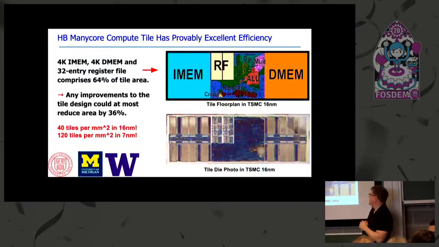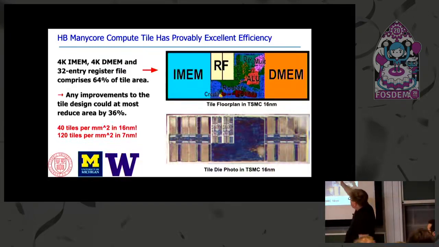So this is a picture of a floor plan in TSMC 16 nanometer. And then this is actually a die photo from the actual chip. So this was a chip we presented at the RISC V Summit, the fourth one, I think it was in 2017. And what's amazing about this core is that even with super small instruction memory and data memory, the memories themselves occupy 64% of the tile area.